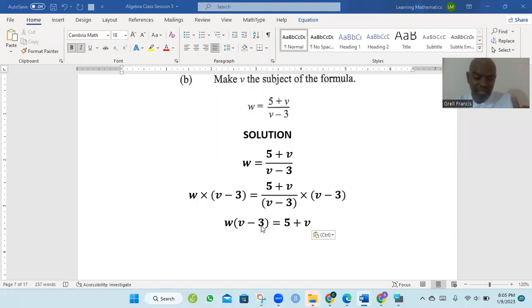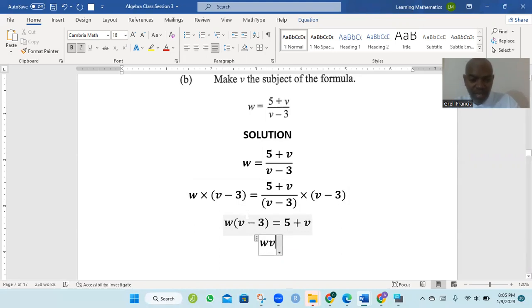Now remind ourselves, it is V we're trying to solve for. We're trying to make it the subject of the formula, sorry. So therefore now we have to expand this bracket to make V come out from that bracket by multiplying by W. So expand this bracket, we have to multiply by W. W multiplied by V is WV.